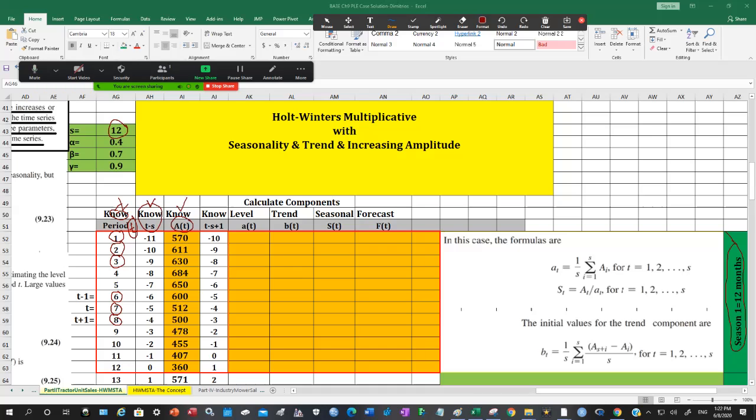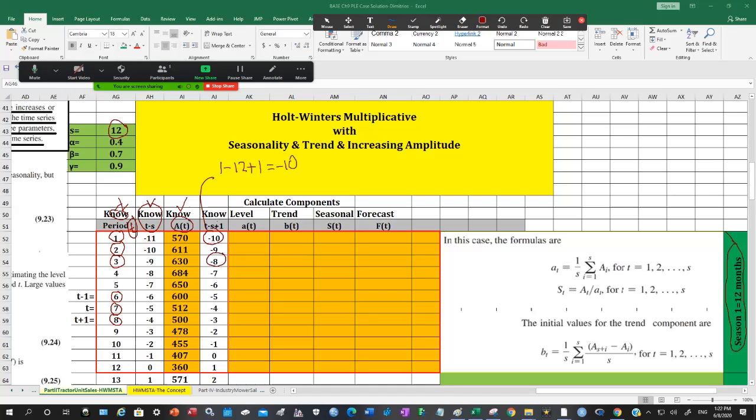The T minus S plus 1, which is a subscript used somewhere: T is 1, so this is 1 minus 12 plus 1, which is negative 10.